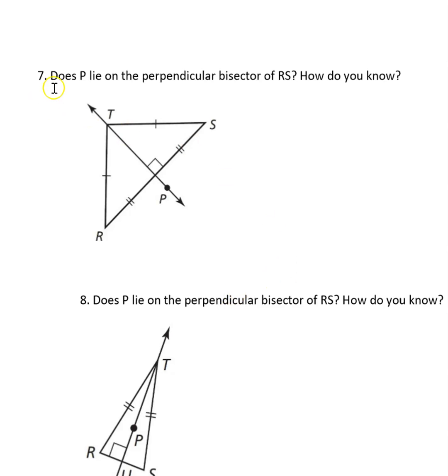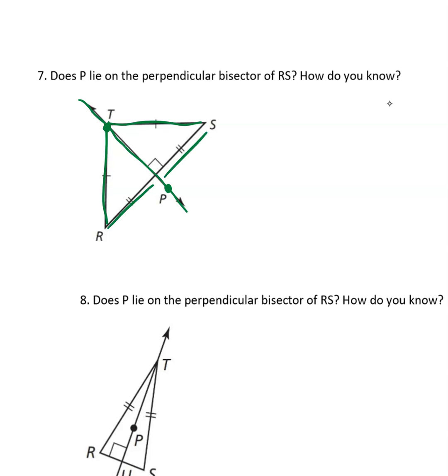We're going to go through a few problems and look at what we know and what we don't know. So on this it says, does P lie on the perpendicular bisector of RS? So we know that a point lies on the perpendicular bisector if a point is equidistant from the endpoints. Well, we know that T is equidistant from the endpoints, and T is on the same line that P is on.